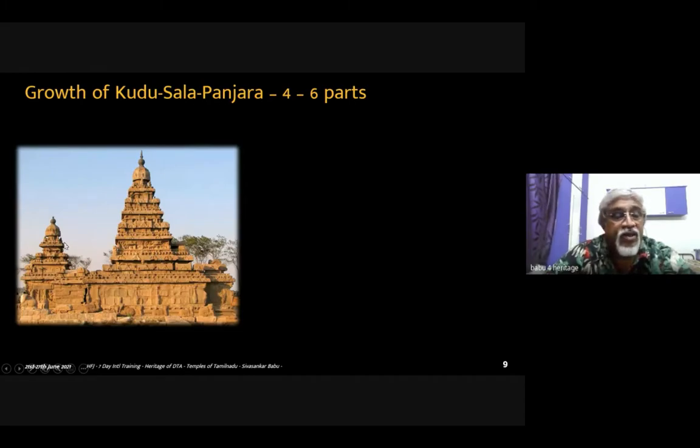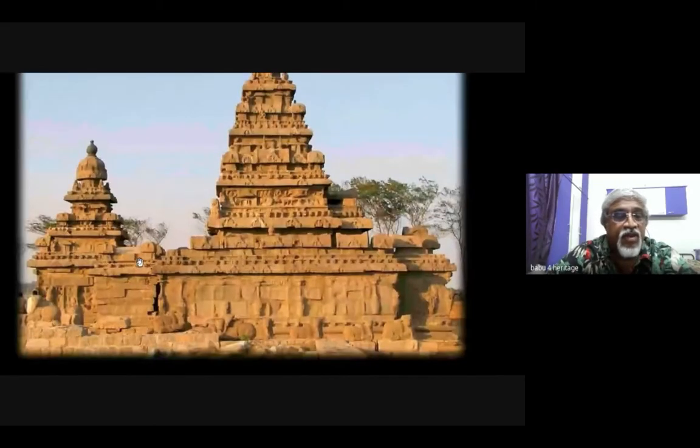And how do you count this? How do you count the stories? The easiest trick available is to identify the prastara by the presence of kapota in it. So if you see this temple, how many kapotas are there?